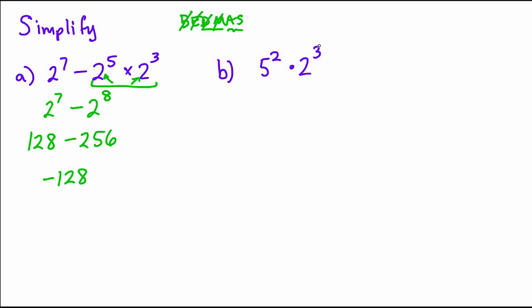So instead, we need to calculate what 5 squared is and what 2 cubed is and write those down. So this is 25 times 8, and 25 times 8 is 200. Notice again, with different bases, there's no rule, so we just go and calculate it.